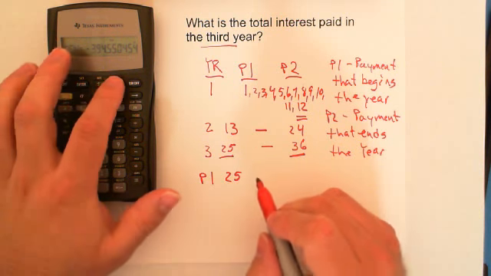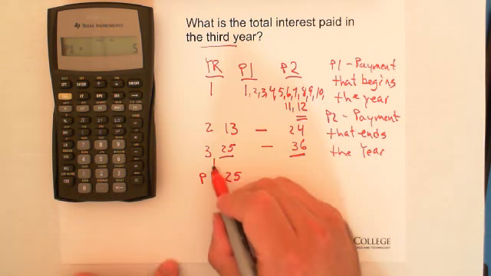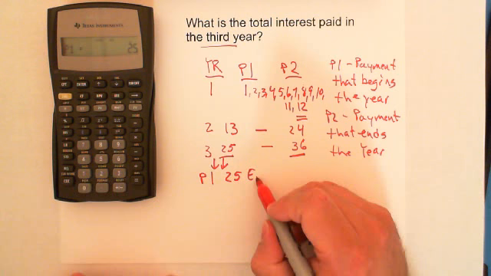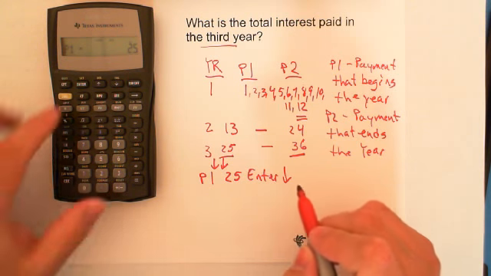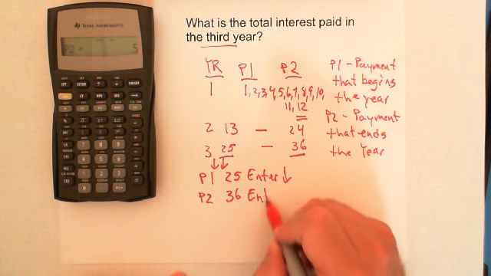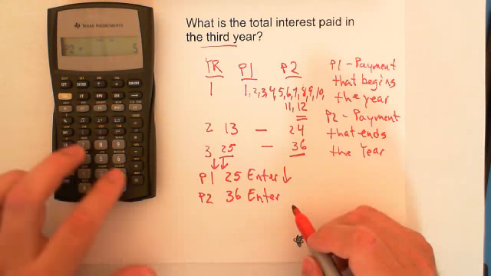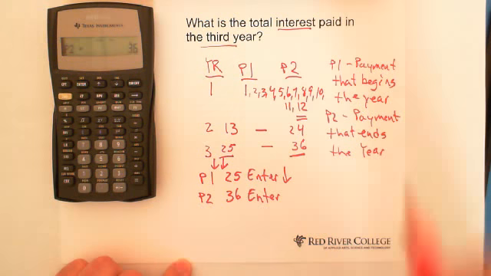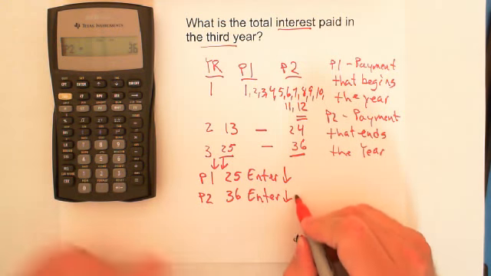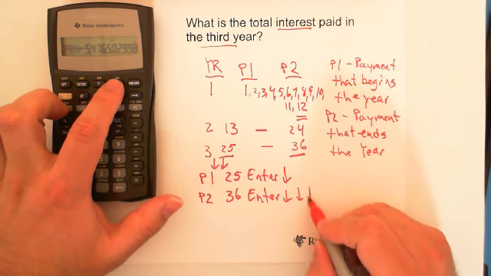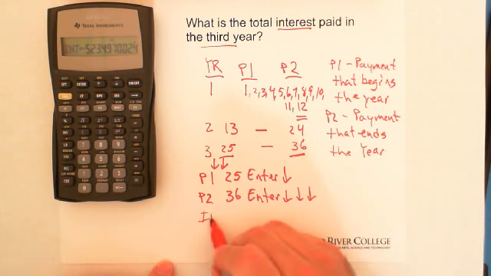Okay, so we'll push the down arrow twice to get back to the P1. At this point, we'll type in 25, enter, down arrow. And then at P2, we'll type in 36, enter. And then they want the interest, so we'll push the down arrow once for balance, second time for principal, and finally the third time for the interest.